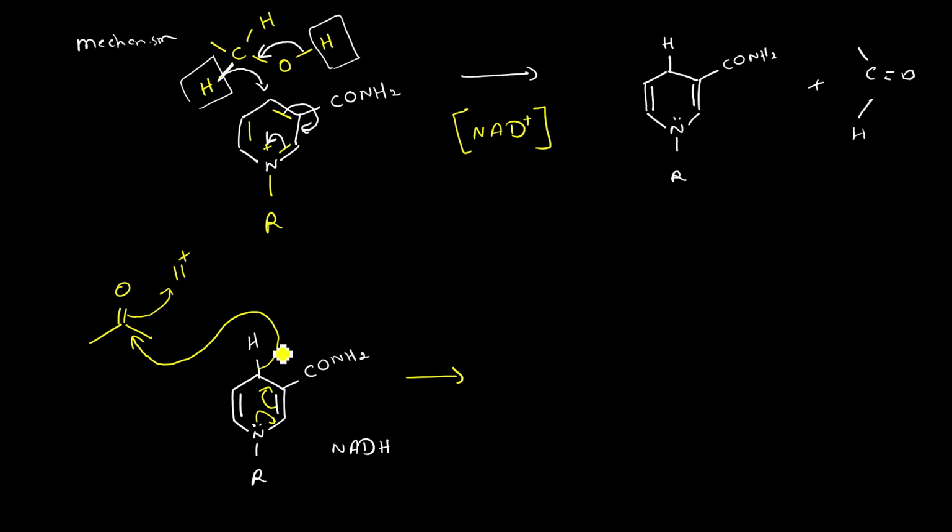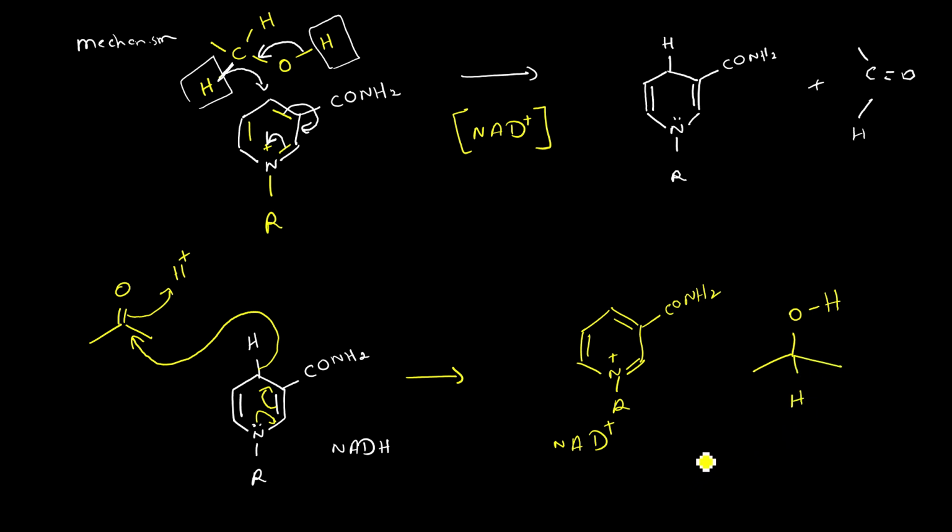This NADH has donated its hydrogen to our carbonyl center, right? Now this is not NADH, the H is missing now. So now we have NAD plus. Here we have the NAD plus, and we have the carbonyl. Here this carbonyl is being converted into a hydroxyl group.